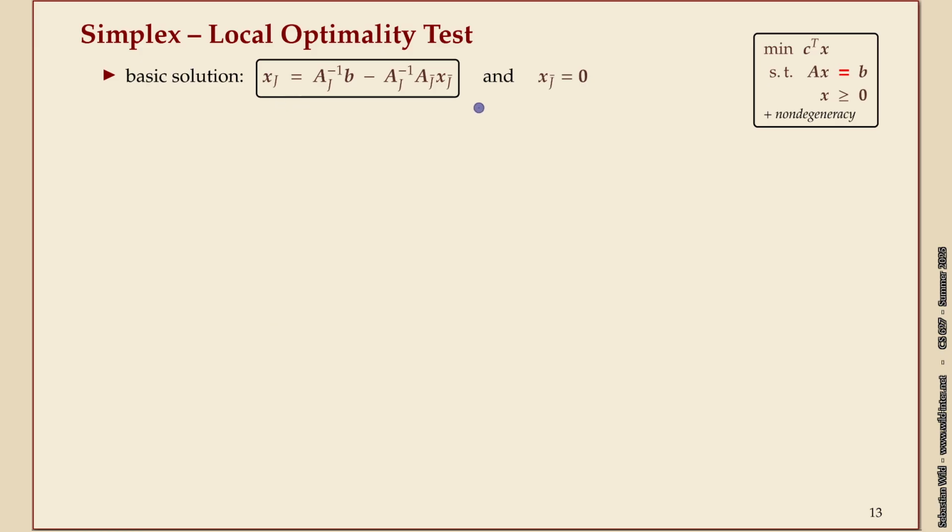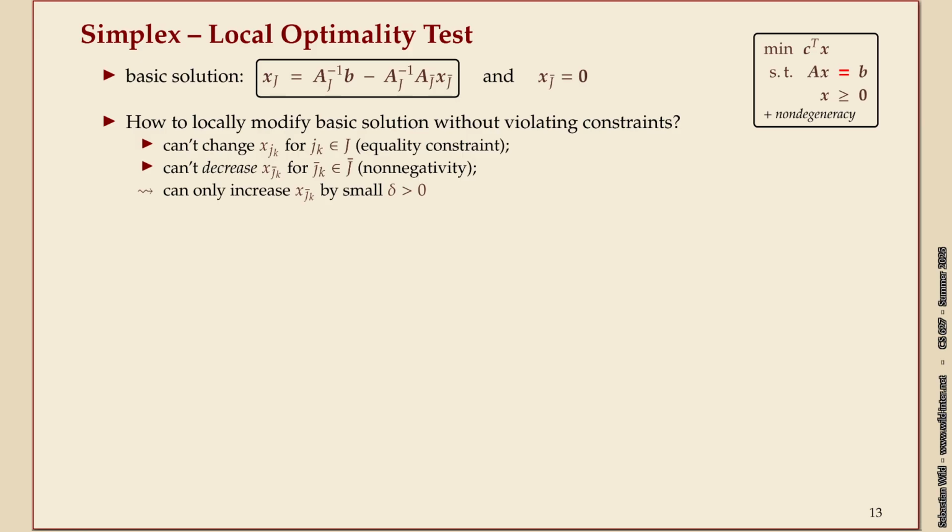So we have this basic solution where we think of setting xj bar to 0, so this whole term cancels. Suppose it's feasible, how can we locally modify our solution to improve the objective function? Well, what we cannot do is easy to see. We can't take any of the xj's and modify them because we would violate the equality constraint.